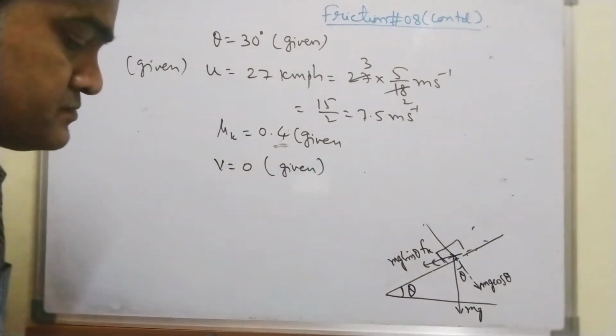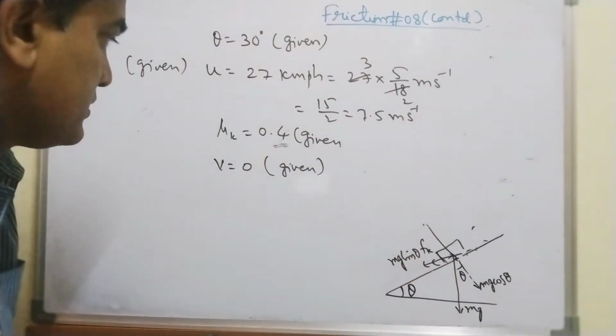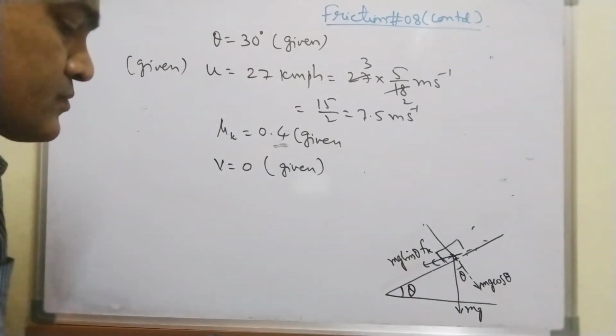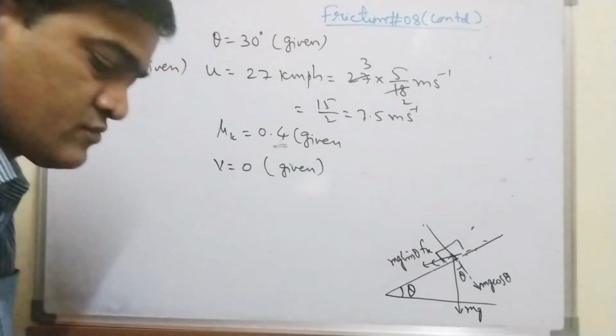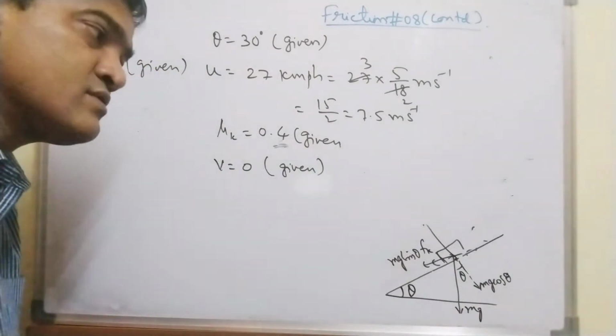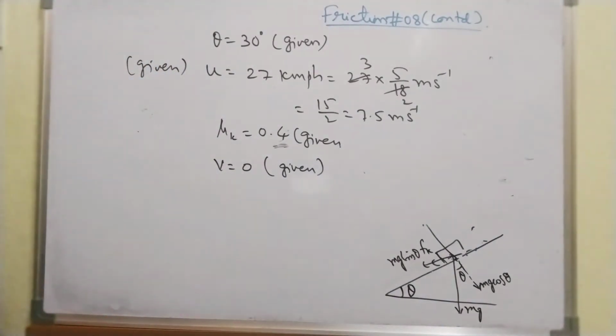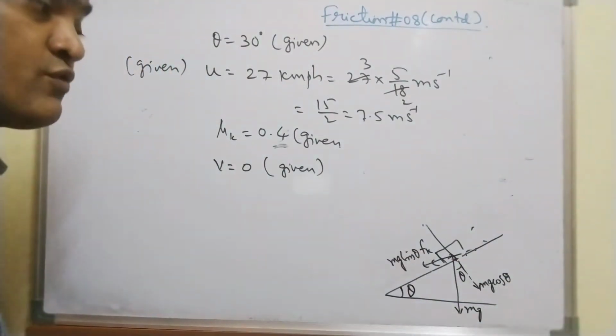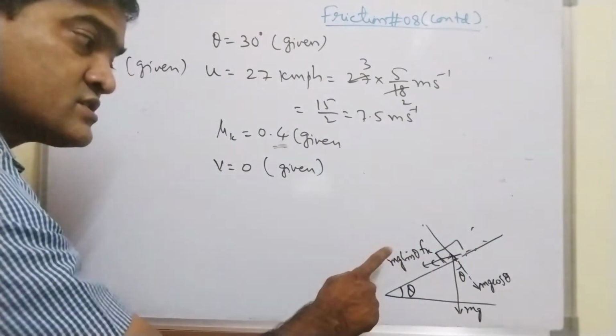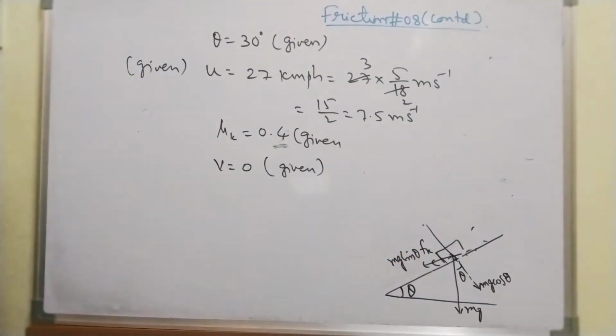Now, what is the force opposing the motion of the car? The force opposing the motion of the car is nothing but the frictional force. The motion of the car is in the upward direction. Which forces are acting in the downward direction? mg sin theta and Fk.